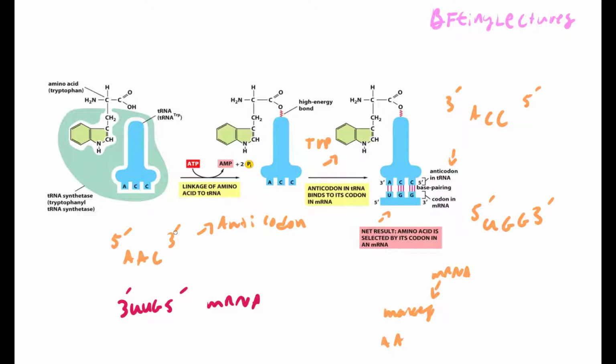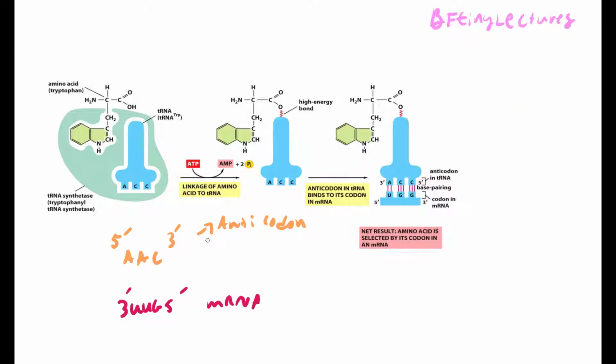So let's do that really quickly. I would convert this into this right here. So this is going to be the correct answer. Over here we have 5'. I'm going to flip this. So we would actually have 3', C, A, and that would be the 5'. And this is the tRNA.